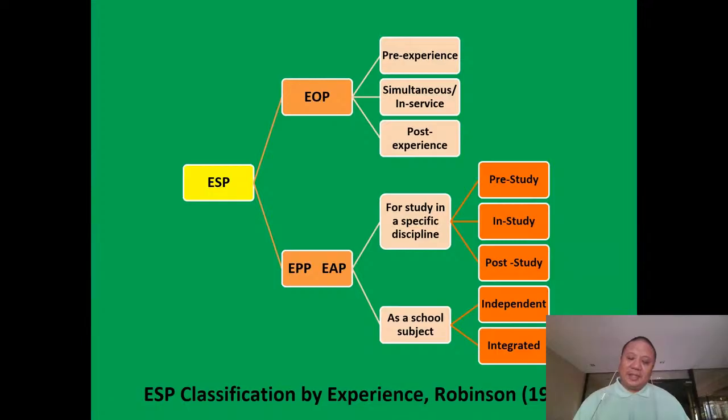You want to study a specific discipline, or maybe it's a school subject. And it involves independent or integrated study when it's a school subject. And of course, like in a specific discipline, there's pre-study, in-study, and post-study.